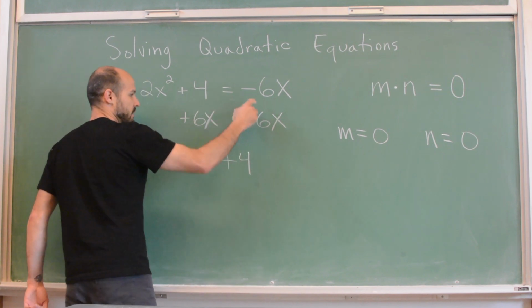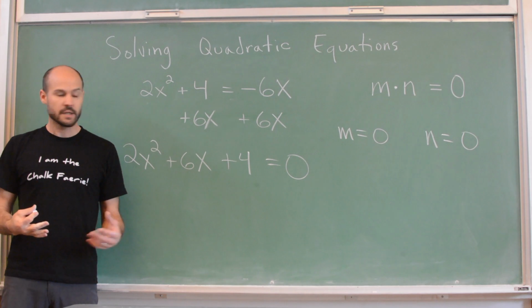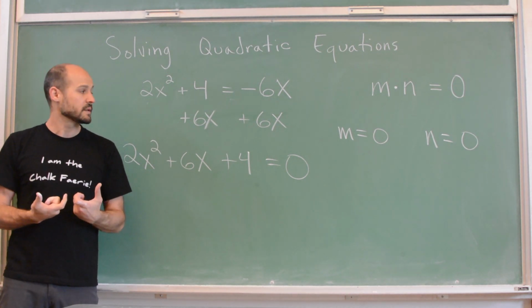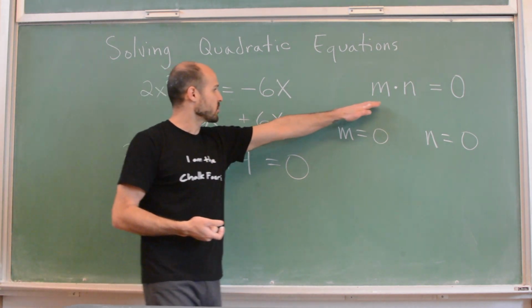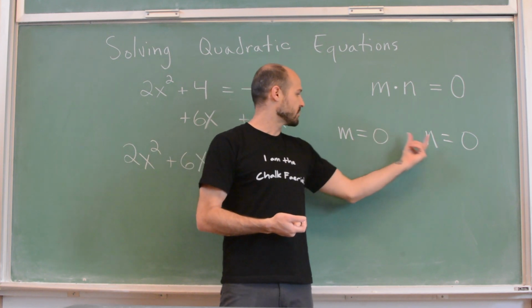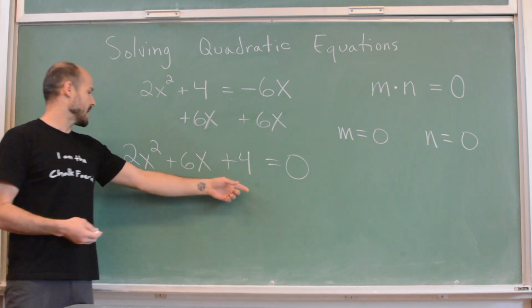And on the right side, we have 0. This allows us to factor the left side into two sets of parentheses. And those two sets of parentheses are going to multiply up to 0. So if each of those sets of parentheses is equal to 0, we can solve for x. How do we factor this?